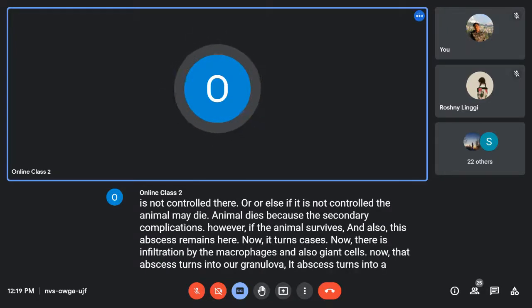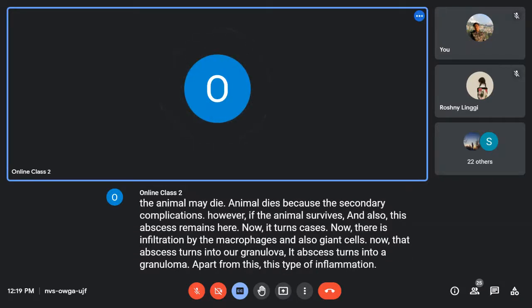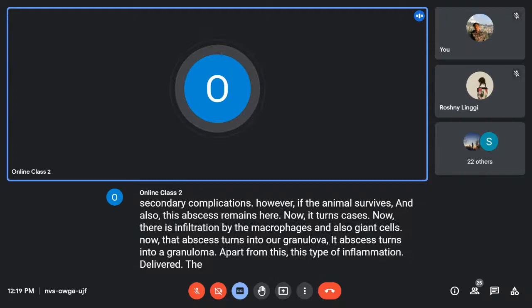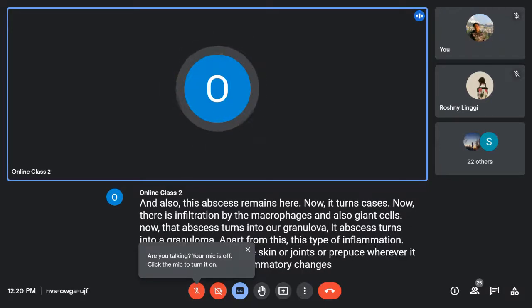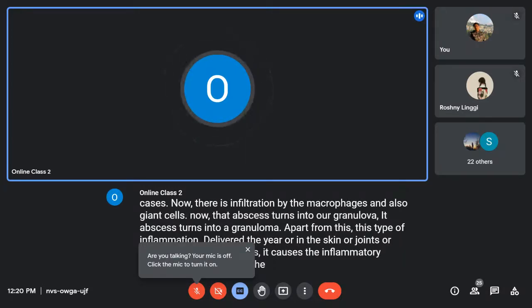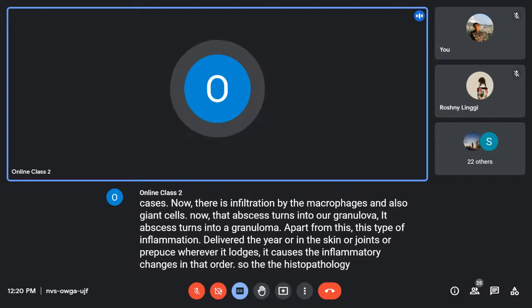Apart from this type of inflammation, wherever the bacteria is in the ear or in the skin or joints or prepuce, wherever it lodges, it causes inflammatory changes in that organ. So the histopathology will be there.